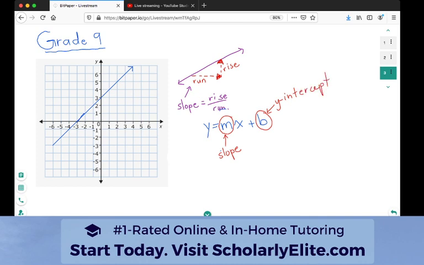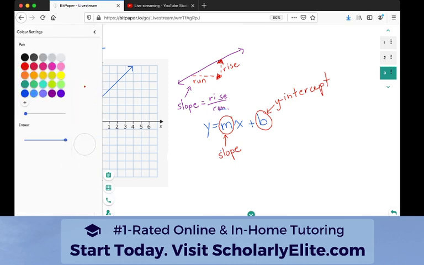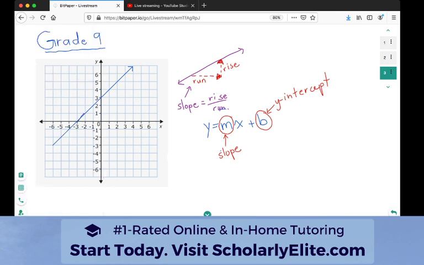So now looking at our graph over here, let's pick a nice color that can show up. We'll just stick with red. So when we talk about a y-intercept, what we're asking is where does the line cross the y-axis? So this right here is our y-axis, this line, as many of you guys know.